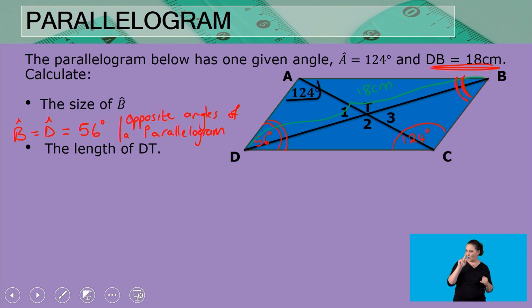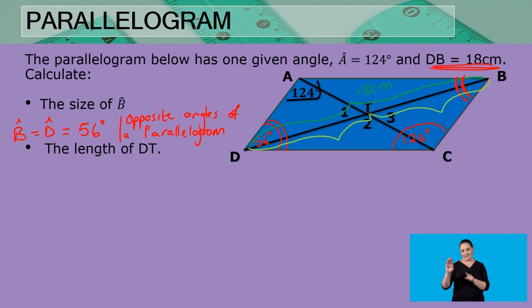Yes, we know that the diagonals of a parallelogram bisect each other. And since we can see that they bisect each other at T, that means that the length of DT is equal to the length of TB. And since the whole DB is equal to 18 centimeters, DT is half of DB.